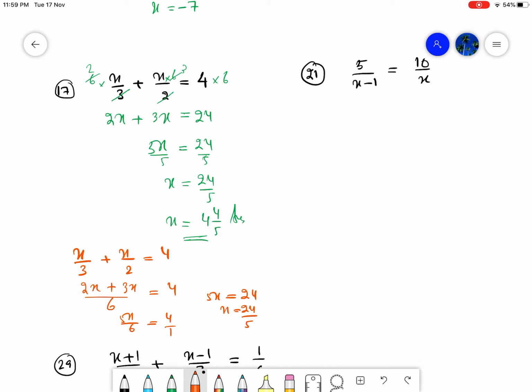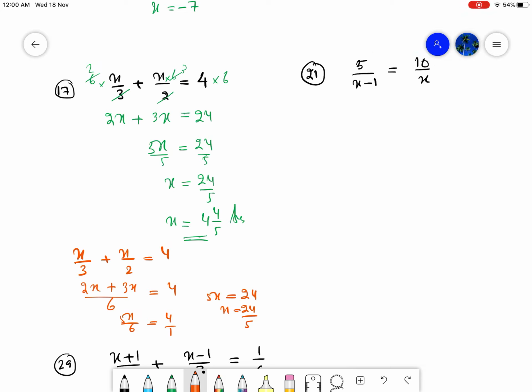So like in this question number 21, this is a single term and this is a single term. 5 whole divided by x minus 1 is a single term, is equal to 10 over x is a single term. So if I have written down here, for example, plus 2, now this is no more a single term. On this side we have two terms now, so the cross multiplication would not be possible.